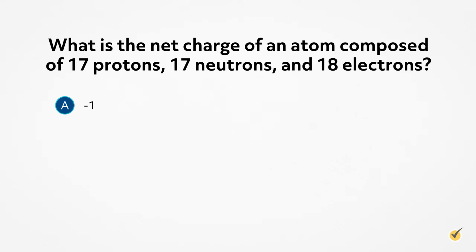Is it A, -1, B, +1, C, 0, or D, -18? The answer is A, -1. Neutrons have no effect on the charge, so -18 plus 17 equals -1.